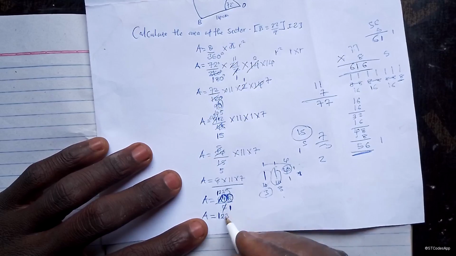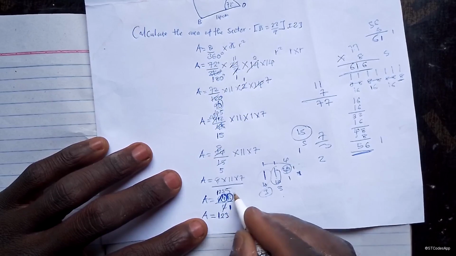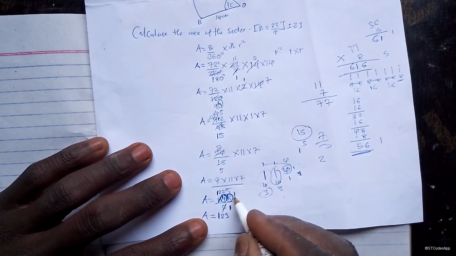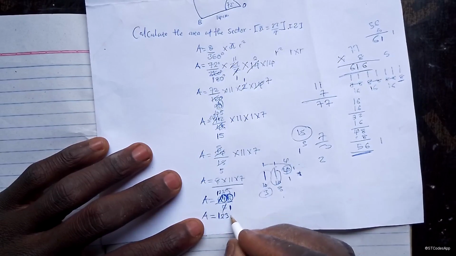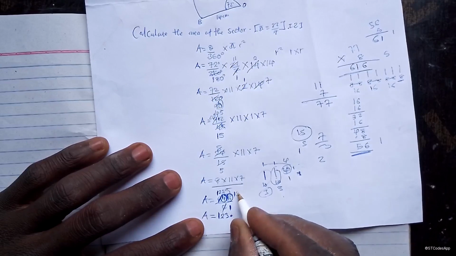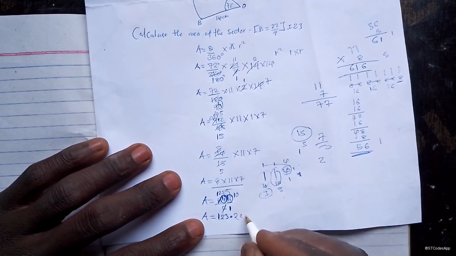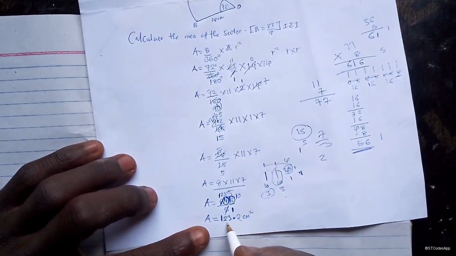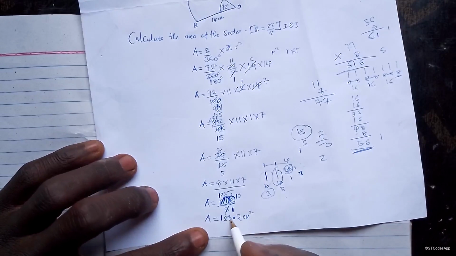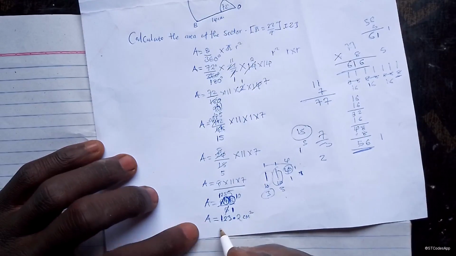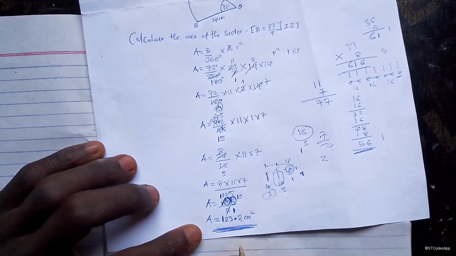Then 5 into 16, that's 3, remainder 1. 5 into 1, it can't. So here I'm going to put a point, then add 0. So 5 into 10, I'm going to get 2, remainder 0. So that's all. So here we are going to say it is 123.2 centimeters squared. We are done.